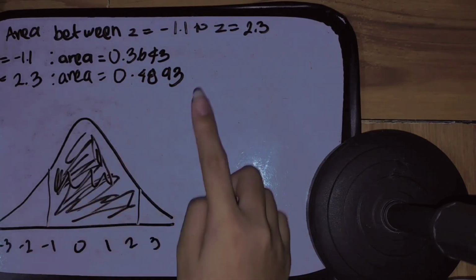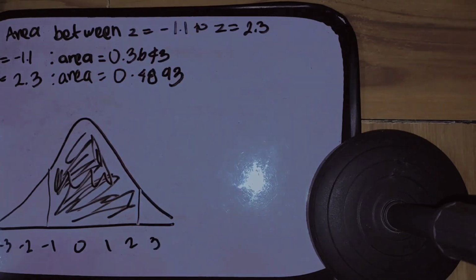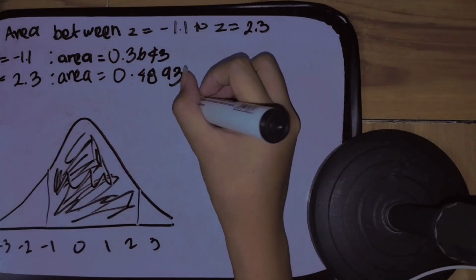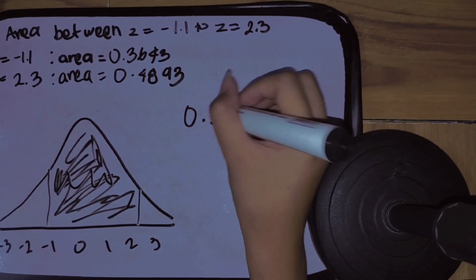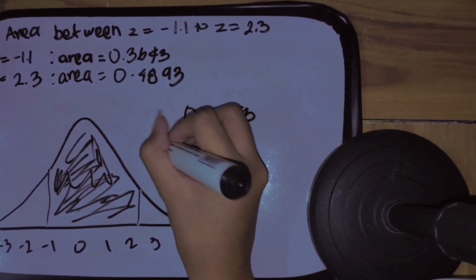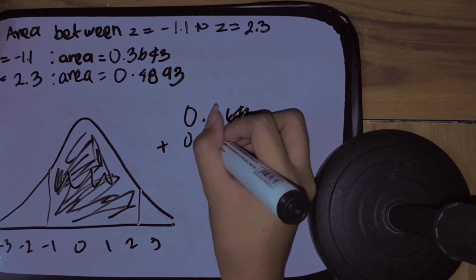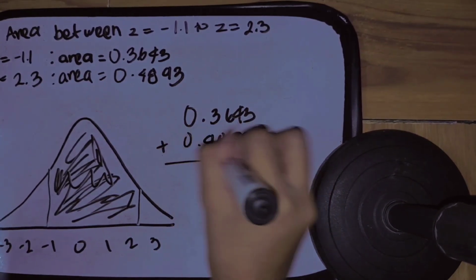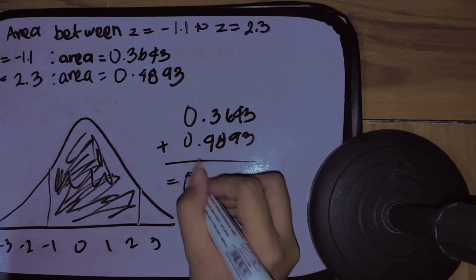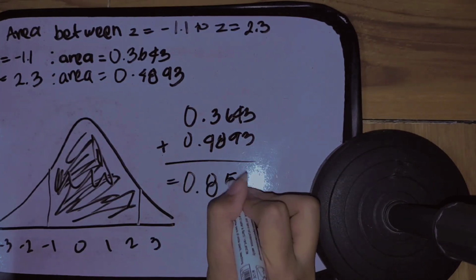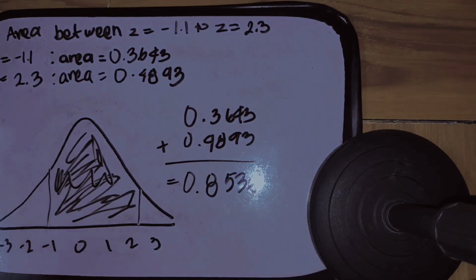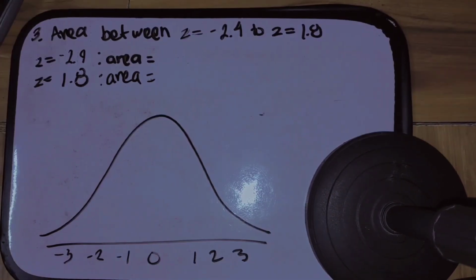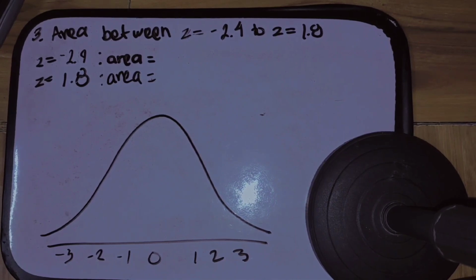Sabi ay between, so ipag-add natin itong dalawa. So, 0.3643 plus 0.4893 equals 0.8536.